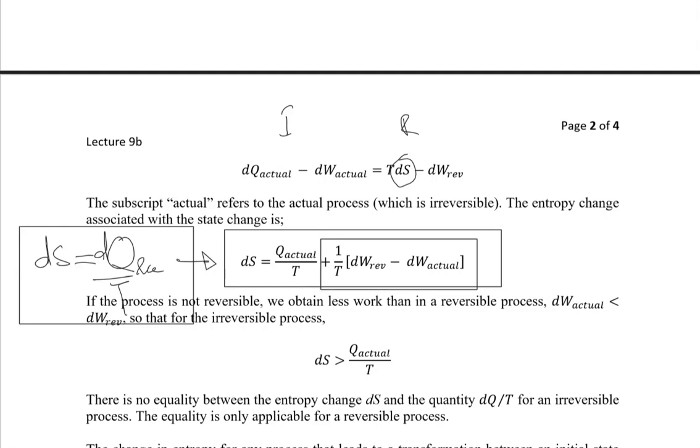This term is the work which we get in a reversible process, compared with the work which we actually get in a process.